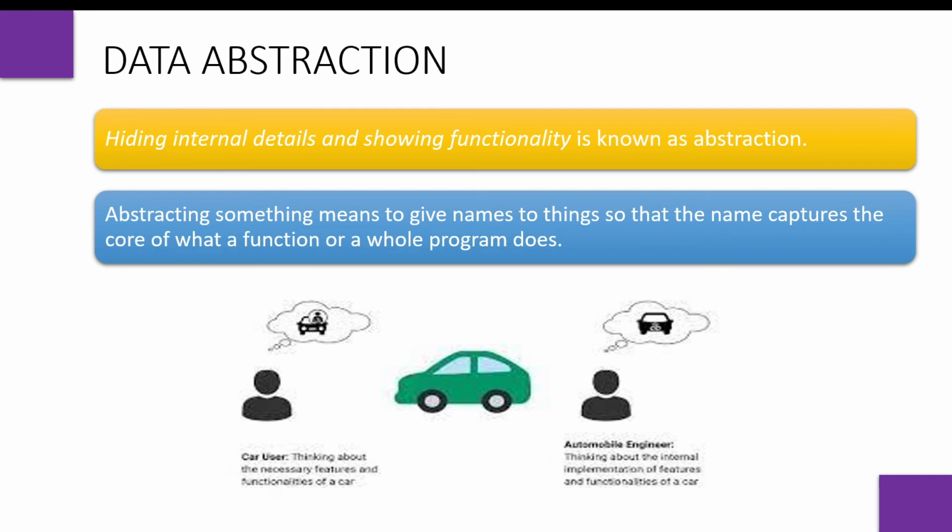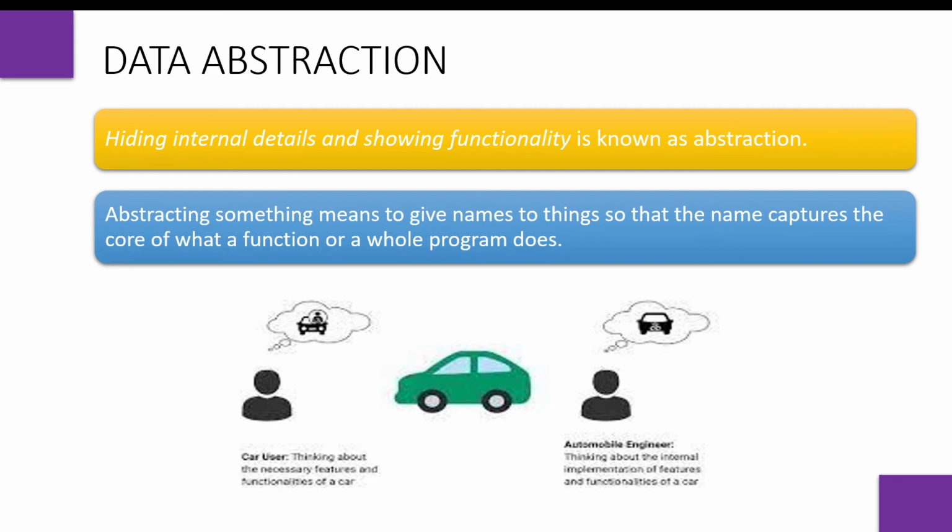From the point of view of an automobile engineer, he'll be thinking about the internal implementation of features and functionalities of a car, right? How the internal engine will work, what the internal parts should be made of, which metal. He'll be thinking from that angle.